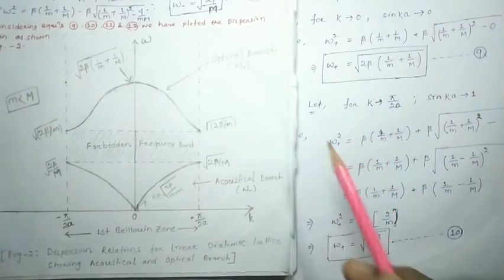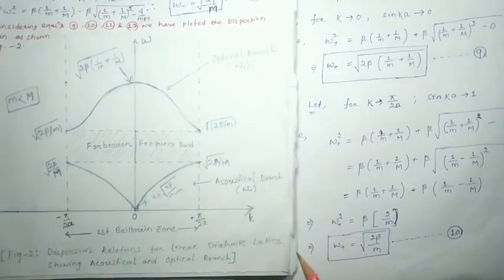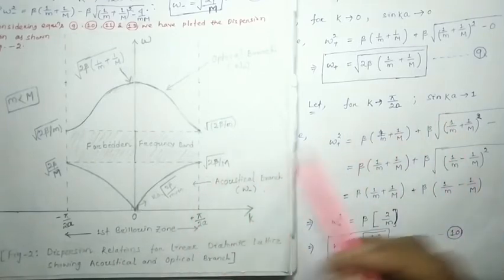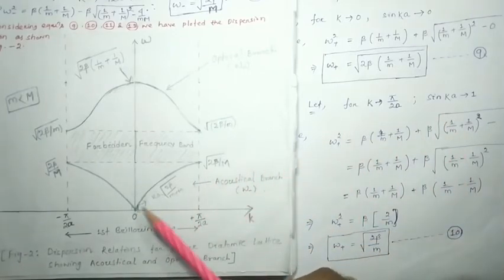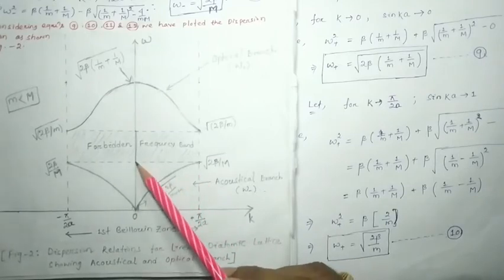Whenever a sound wave interacts with a diatomic linear chain, the frequency range of vibration will be this lower range.